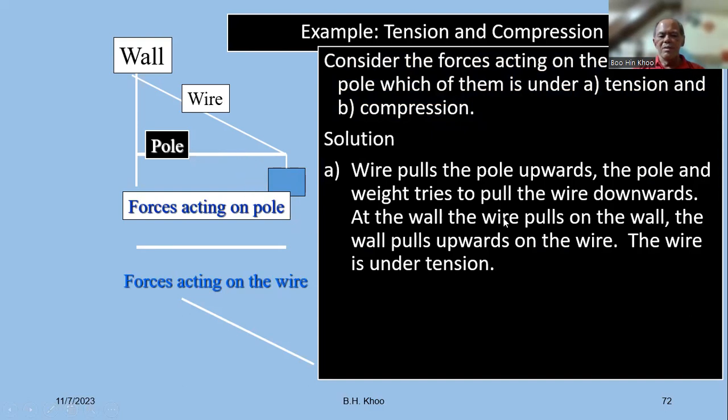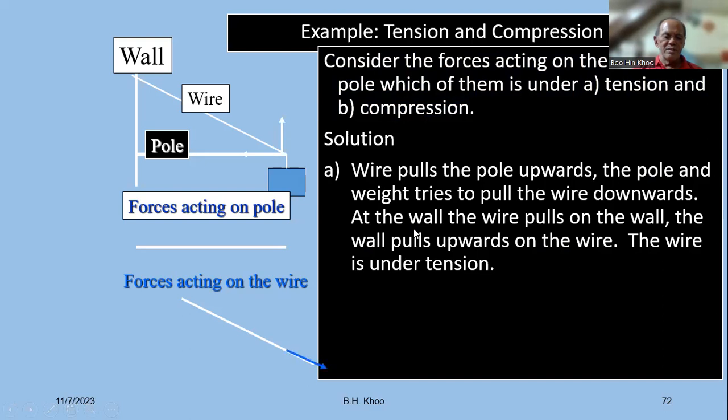At the wall, the wire pulls on the wall, and the wall pulls upwards on the wire. The wire is under tension. Remember, we are looking at the forces acting on the wire, not at X now.